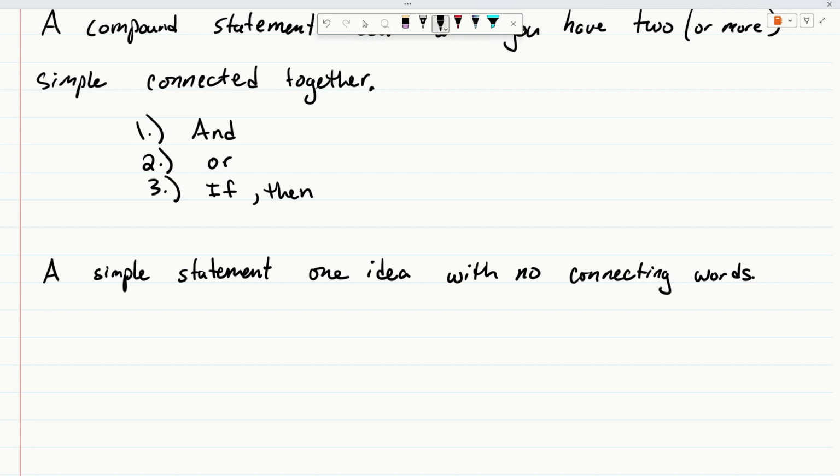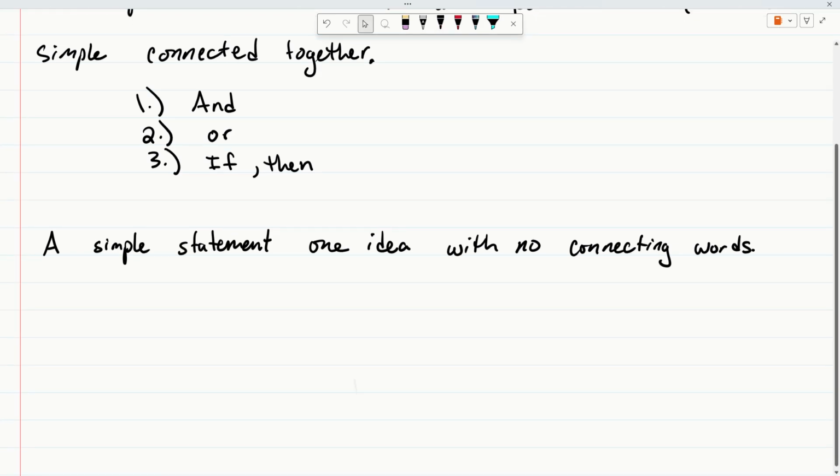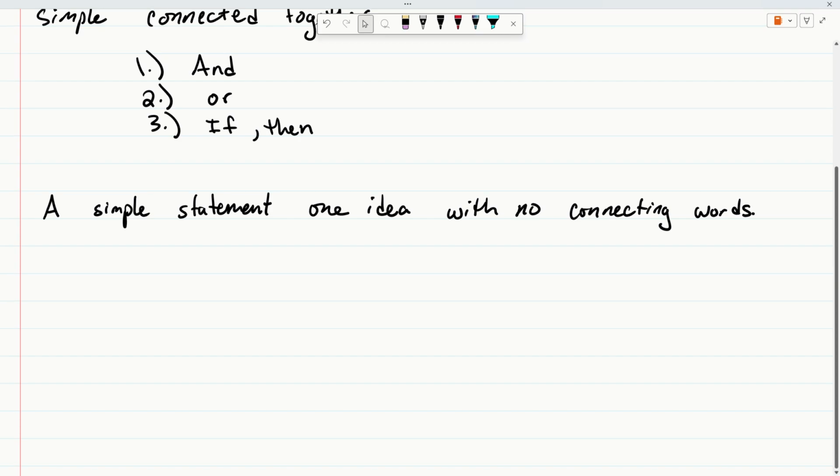All right. So it's a simple idea with no connecting words. Like, for example, I am working, which currently that's what I'm doing. That's a true statement. And notice it's a simple statement because you don't see the word and, the word or, if then, none of that stuff. So it's a simple statement.